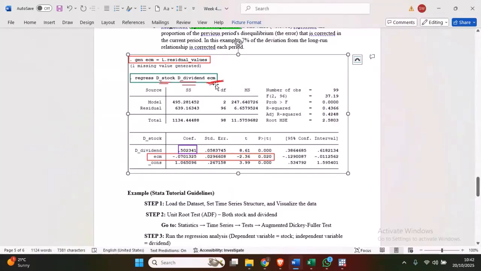We look at this one, 0.05, which means a unit change in dividend leads to 0.05 change in stock. And then we say there is a long-run relationship because the ECM is negative and significant, and as well, the speed of adjustment.